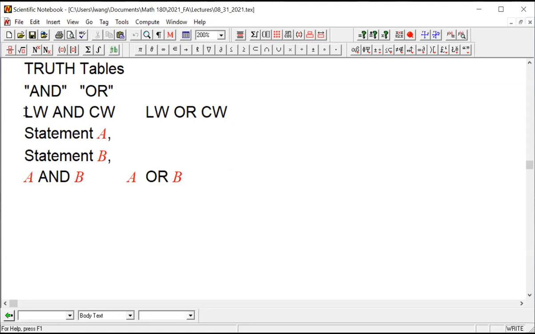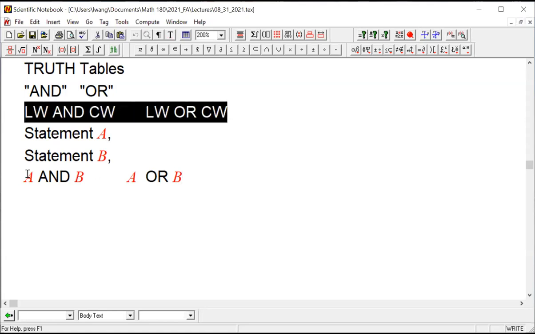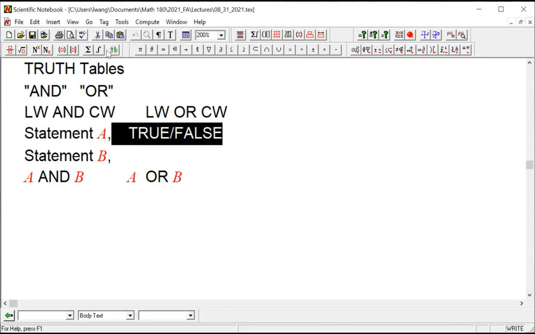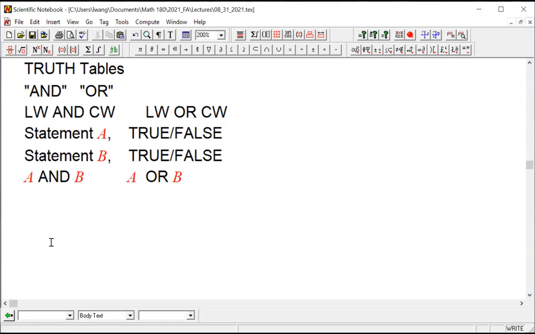Do you see that parallel connection? So if we have two statements, of course, this one statement may be true or false, and this other statement can be true or false, B can be true or false.